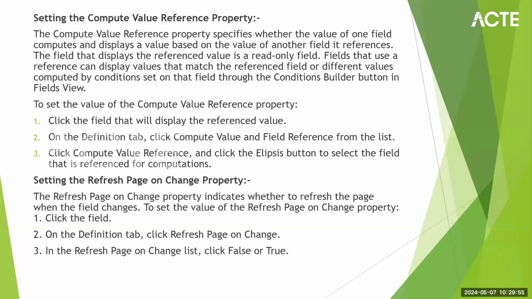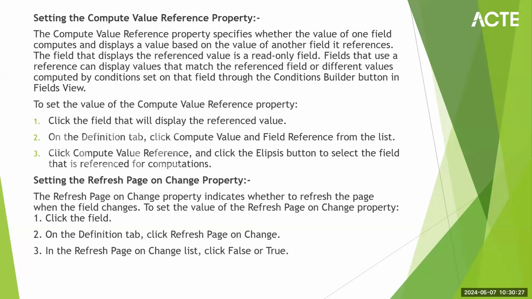The field that displays the referenced value is a read-only field. A field that uses a reference can display values that match the referenced field or different values computed by a condition set on that field through the condition builder button in field view. To set the value of the compute reference property, click on the field that will display the referenced value, nothing but policy change.